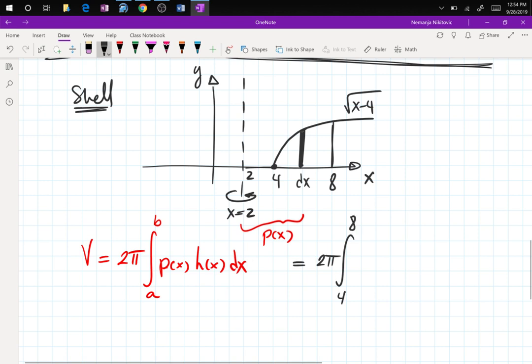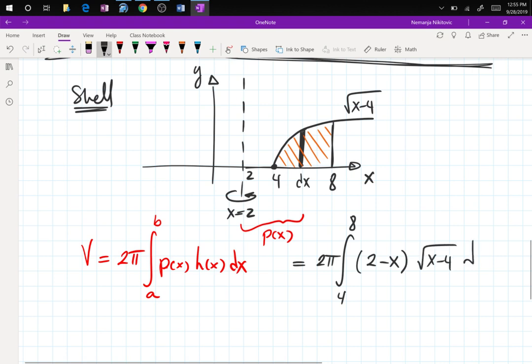So if you are not shifting functions, then the limits are the limits that are on the picture, right? And let's say that's the one you wanted to rotate. So if you are rotating that around the x-axis, then your limits are 4 to 8. And here is your p of x. Your p of x is now 2 minus x, because you have to take away 2 units, right? And then you just have your regular square root of x minus 4.